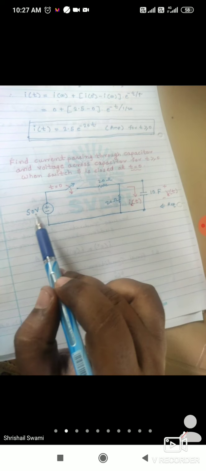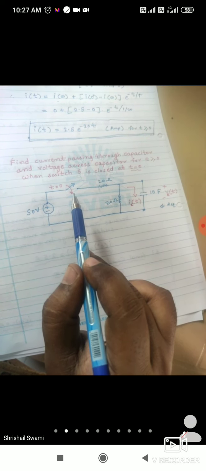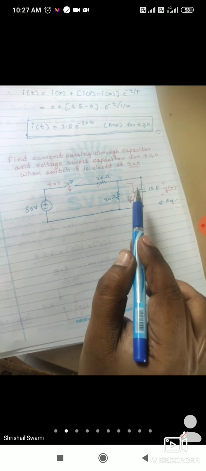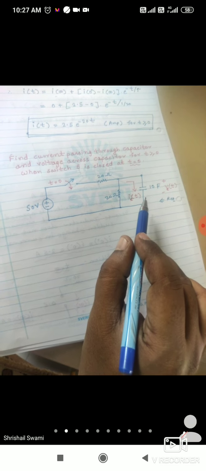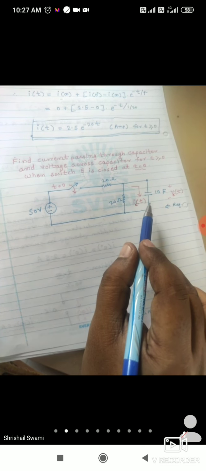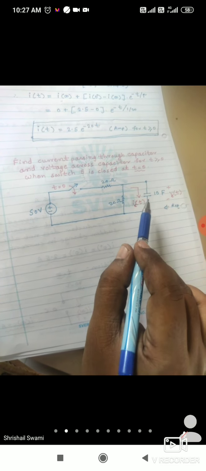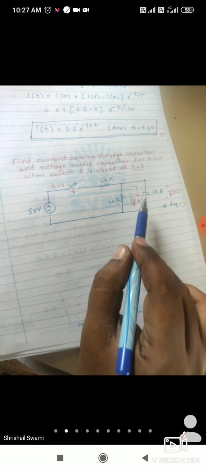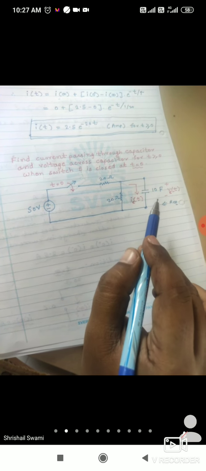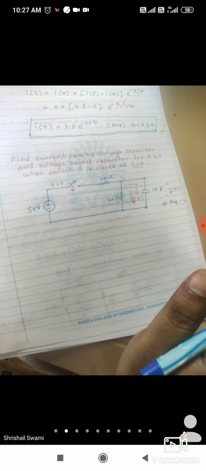For this circuit the supply will not be connected before the switch is closing, so the voltage across the capacitor remains 0 volt. Do you understand? As soon as the switch is closed, the voltage never changes because the capacitor will not allow a sudden change in voltage. Therefore V of 0 plus is also 0 volt. Do you understand?